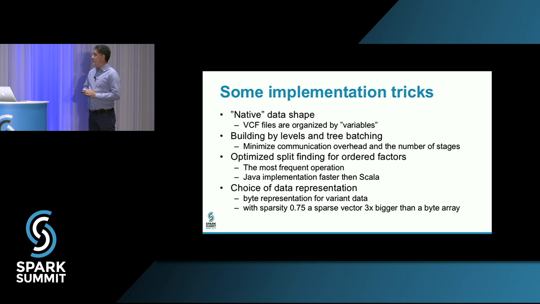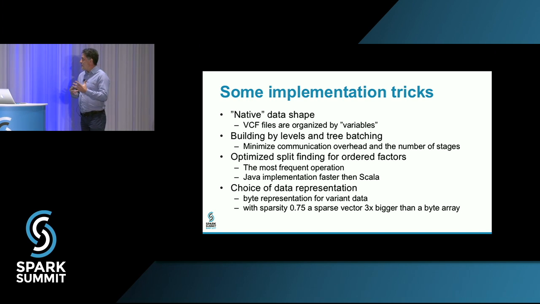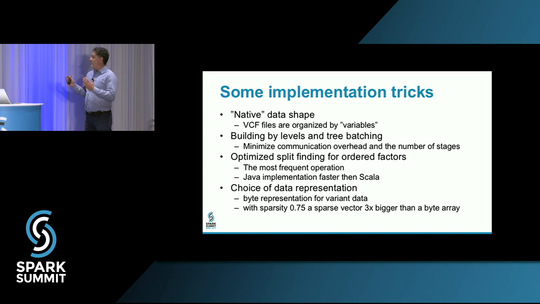We realized that we can make the communication even more efficient by building more trees at the same time, which gives us extra benefits. We really focused on optimizing the splitting process, which is the most frequent operation in random forest, so that it works really fast on the data that we have. And we also chose to represent data in the way that is most efficient for our data style.